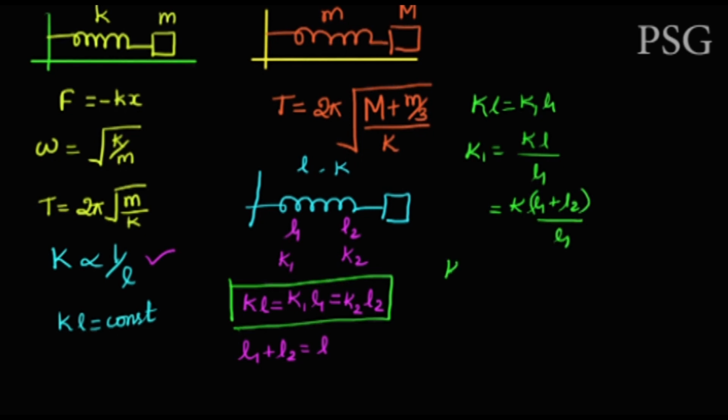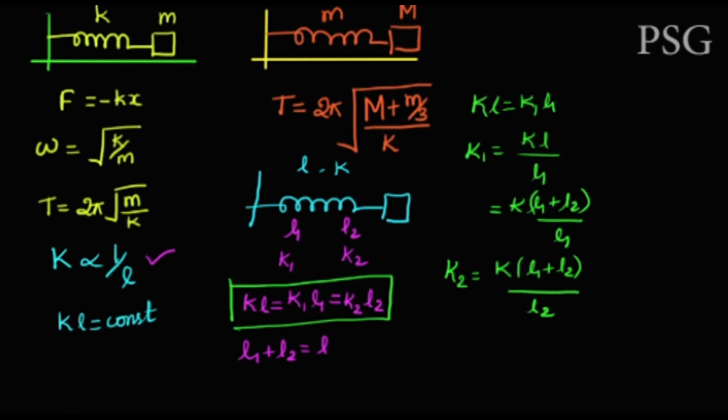Similarly, K2 is K into L1 plus L2 divided by L2. So the spring constant value of the new part of the spring of length L2 is equal to K into L1 plus L2 over L2.